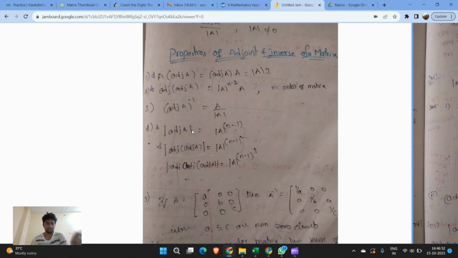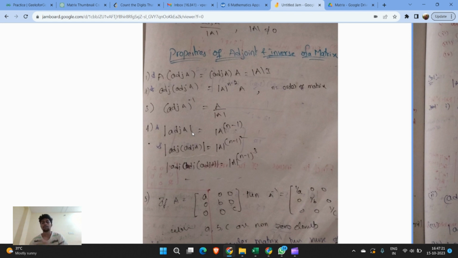They'll ask you in this way: the adjoint of a matrix is already given, and they'll ask you to find the determinant of that matrix, or the adjoint of the adjoint matrix, and the determinant. There are predefined formulas here. If you go with the normal approach, it will be very time consuming and take a lot of effort, time and processing steps.